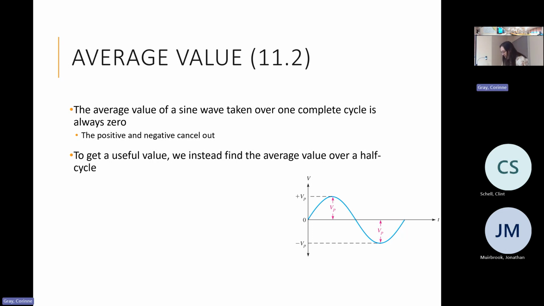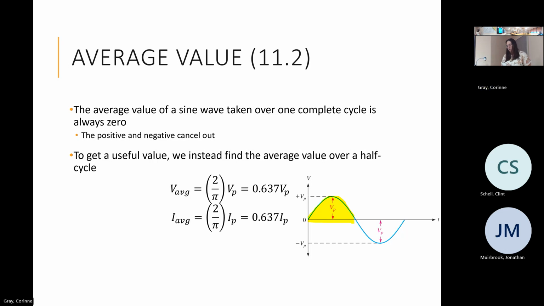So here we have a voltage-based sinusoid. If I wanted to find half, I would only look at this positive part here and calculate that average, which turns out to be 2 over pi times the peak value, whatever that peak happens to be, voltage or current, either one.